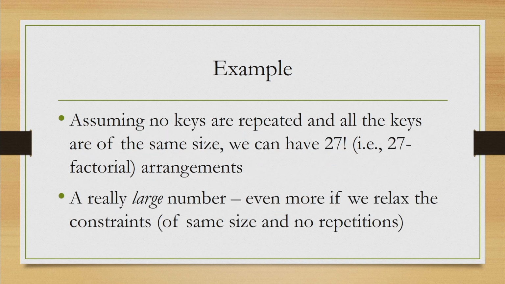If you think, then you can come up with a figure like 27 factorial, where we can assume that no keys are repeated and all the keys are of the same size. If we relax these constraints, then the number will be even larger. But in any case, even with these constraints, 27 factorial, the number of possible layouts, is a very large number in itself.